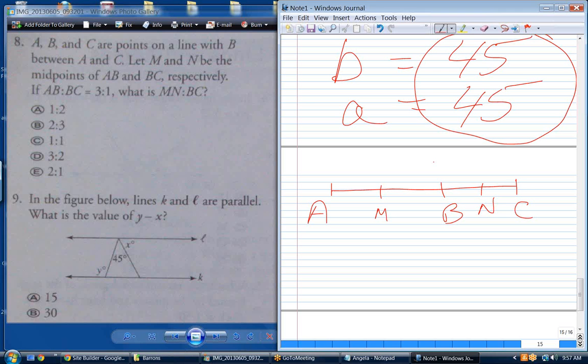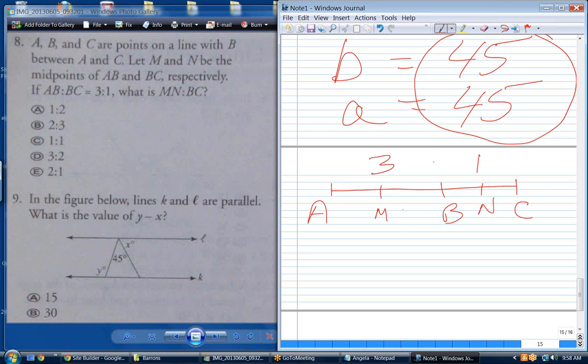Pick numbers for these line segments. Pick a number for the length of AB and pick a number for the length of BC. How about for AB we have 3 and BC is 1.